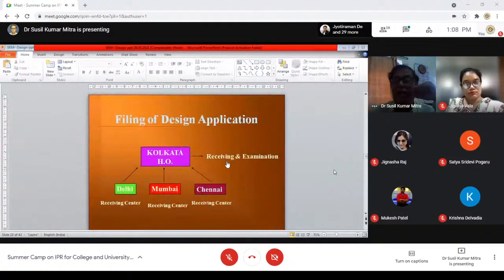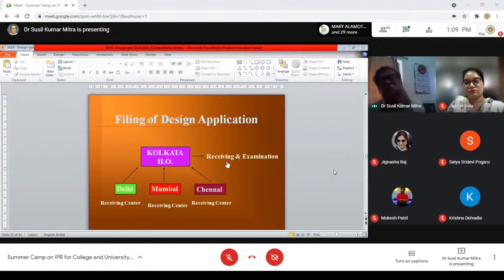Now the case is that you have the 4 offices, and the Kolkata head office is now the design wing of the patent office. All the prosecution, registration, examination is going to the Kolkata office, but you can apply at Delhi, Bombay, and Chennai offices. Then Delhi, Bombay, Chennai offices transfer your application to the Kolkata office for the purpose of examination and registration of design.